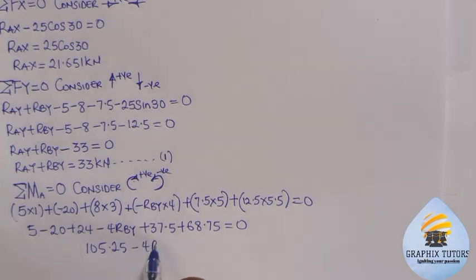Minus 4 RBY equals 0. So 105.25 is equal to 4 RBY, right? Now RBY will be equal to 105.25 divided by 4.